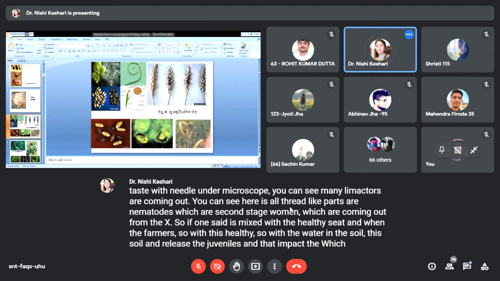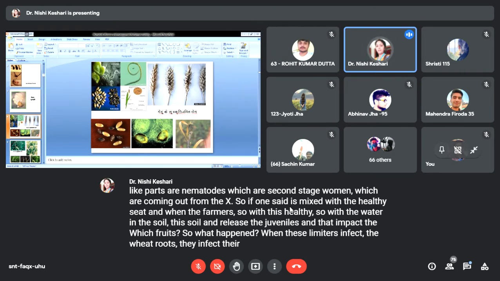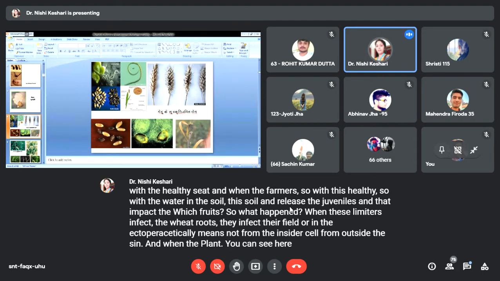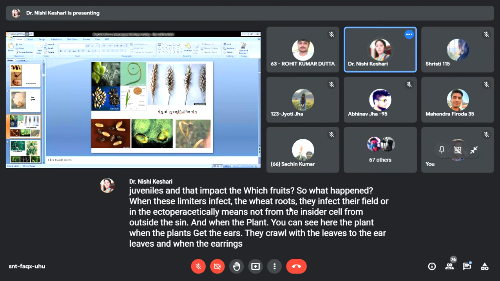roots. So what happened when these nematodes infect the wheat roots? They feed ectoparasitically, means not from inside the cell, from outside the cell. And when the plant gives the earheads, they crawl with the leaves to the earheads, and when the earheads form grains, they enter inside the earhead, into the grains.